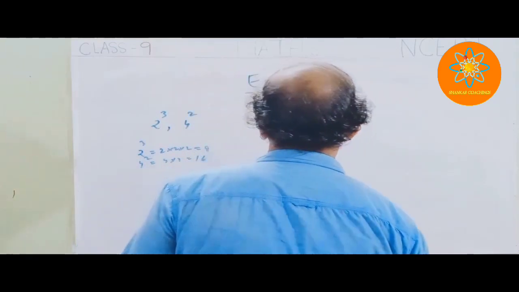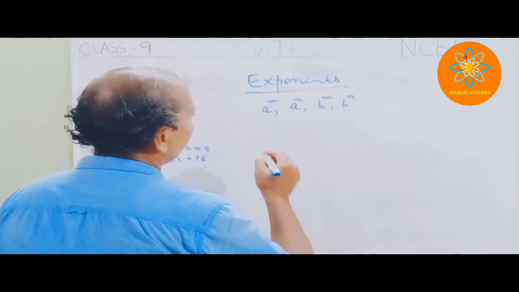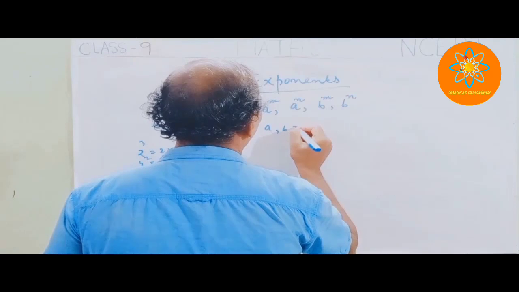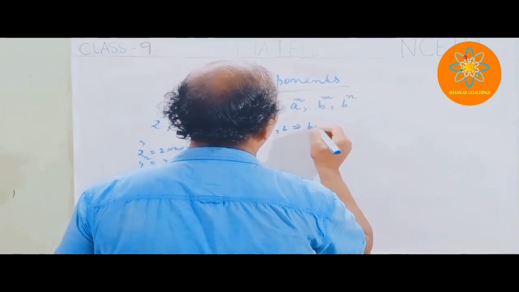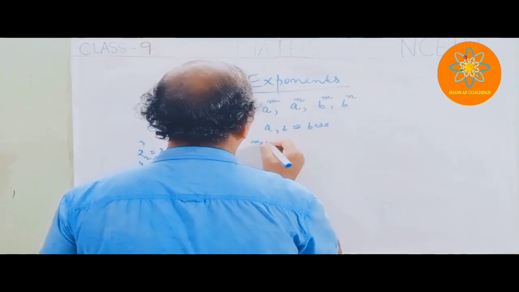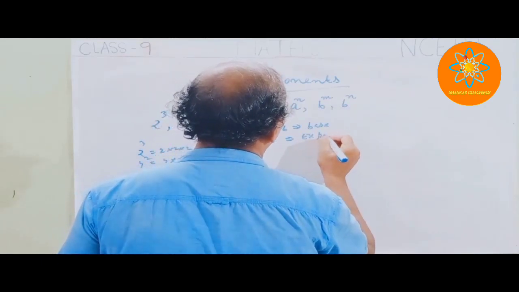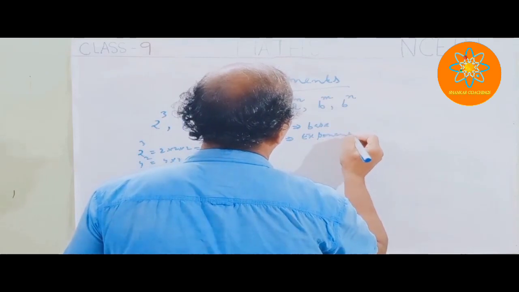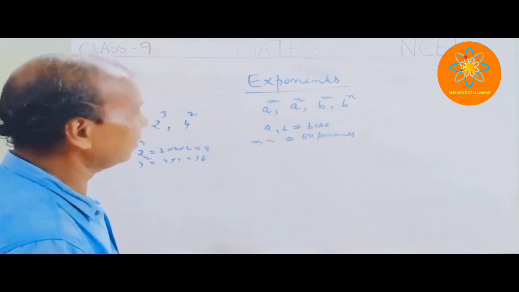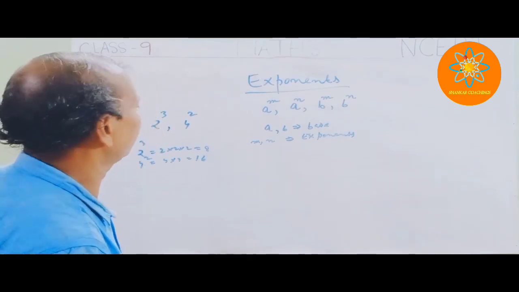Let's suppose the numbers are given in this way. Here a and b are called the base, and m and n are called the exponents. Now we see some formulas of the exponent.